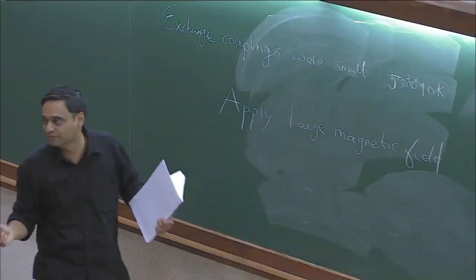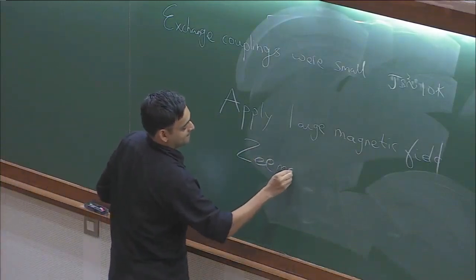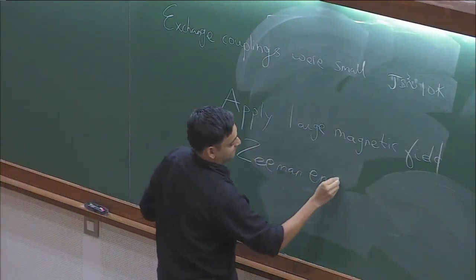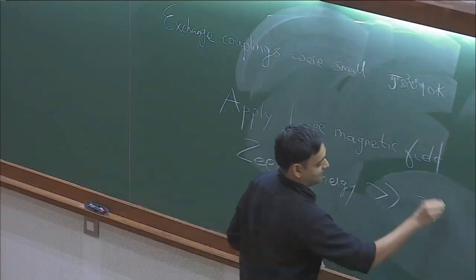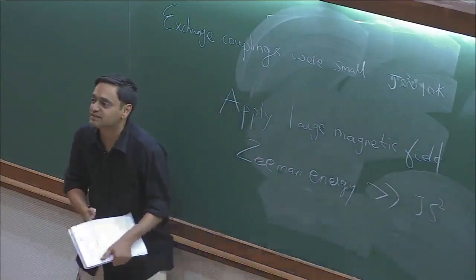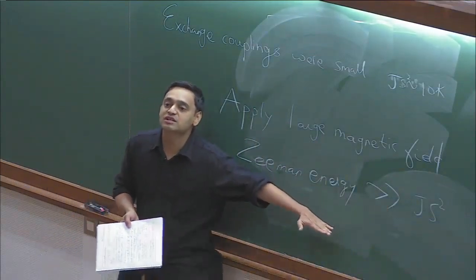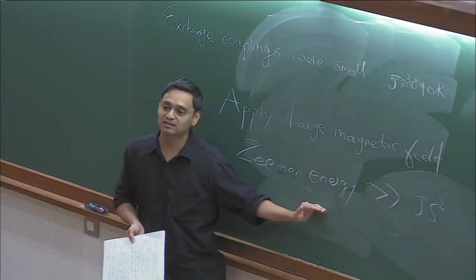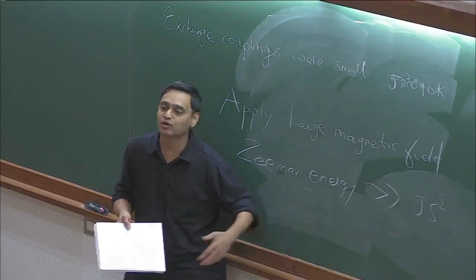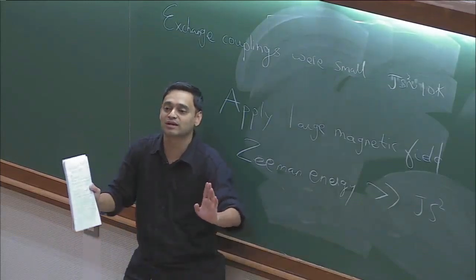apply a large magnetic field so that the Zeeman energy is much bigger than the scale of the exchange constant. Now, whatever was the low temperature state of the original material, once you apply a field this large, the Zeeman energy will overwhelm all exchange energies and the system will just polarize fully.